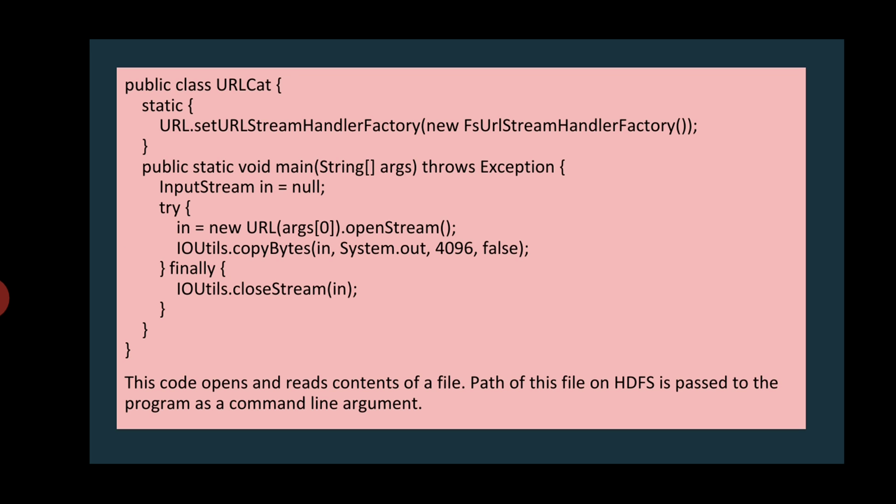In the try block, in is assigned a new URL from args[0], and we call openStream.